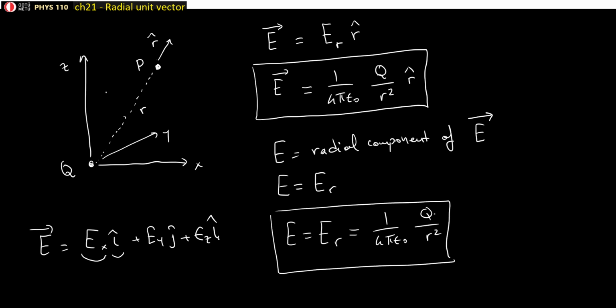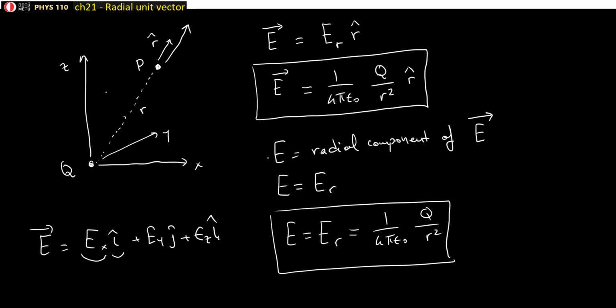If the charge is positive, that means that the radial component is positive. This corresponds to a situation where the electric field is pointing radially outward, meaning that the electric field vector is parallel to the radial unit vector.